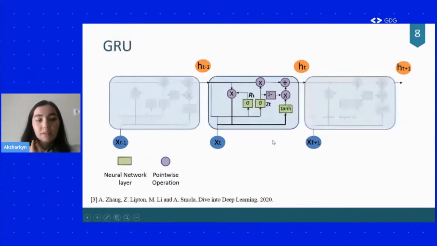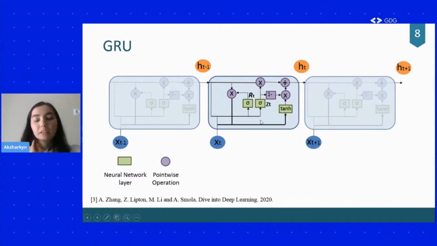Next is the gated recurrent unit. It's similar to LSTM. It also has a chain of blocks, but in contrast to LSTM, it has only reset and update gates. We have our input at time t, and the reset gate decides whether to remove some part of the previous hidden state.